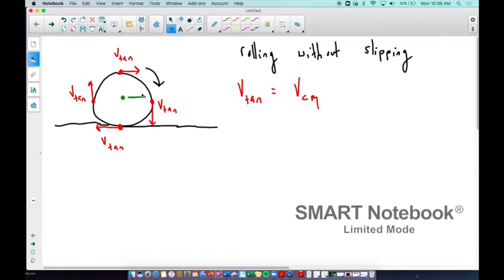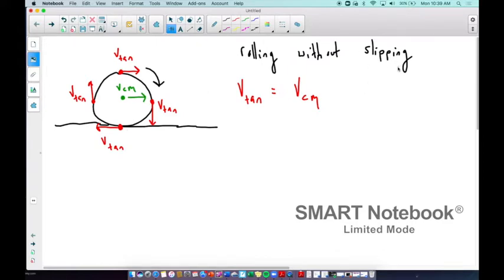So I could draw another velocity vector here, like that, and that would indicate that not only is this thing rotating, but as it rotates, the whole object is moving from left to right, displacing some actual linear translational distance. Does that make sense? So rolling without slippage, as long as this wheel is not slipping over this surface.